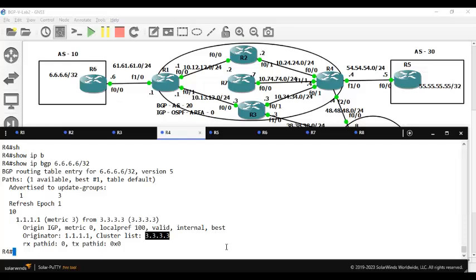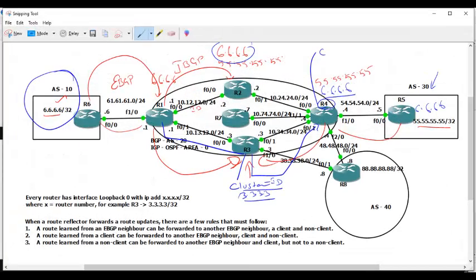Okay, now come to the point. 6.6.6.6 is coming to R4 because I told R3 to reflect the route. Now, who is the client here? R4. What about R1? Is R1 a client?